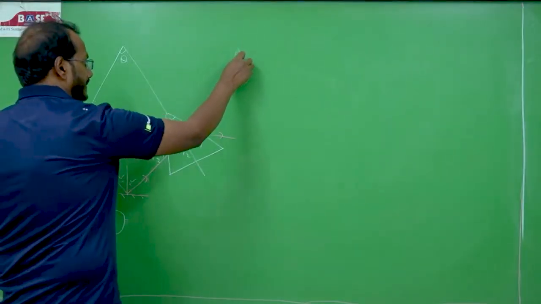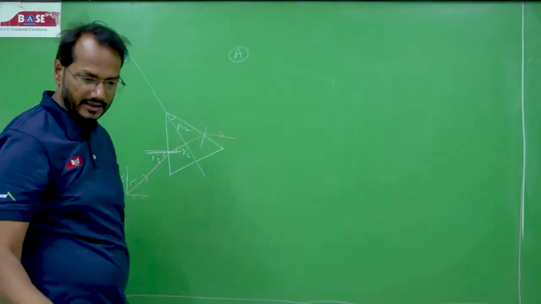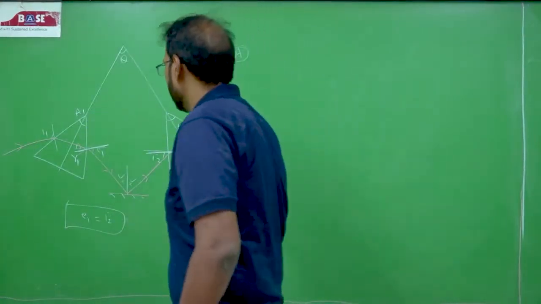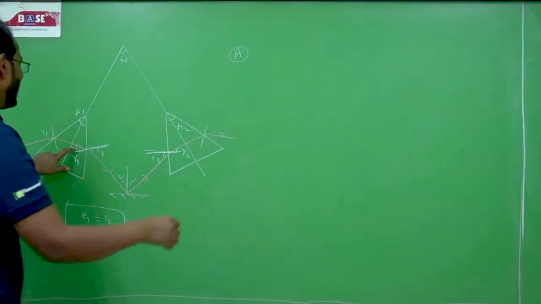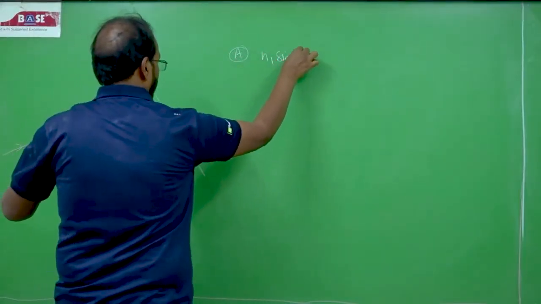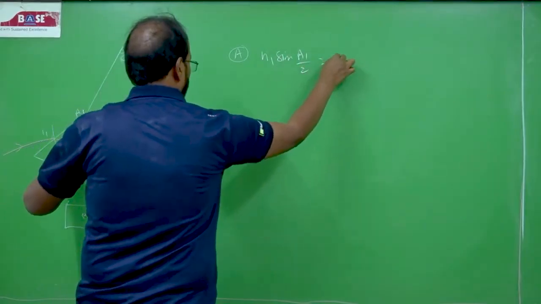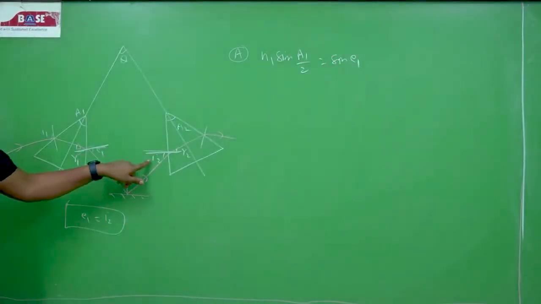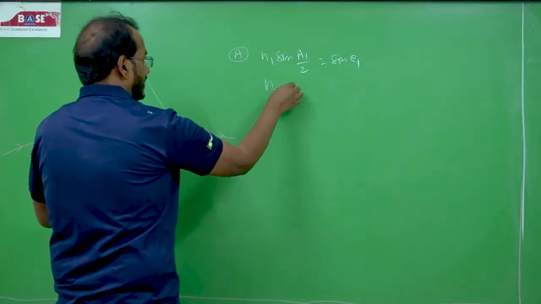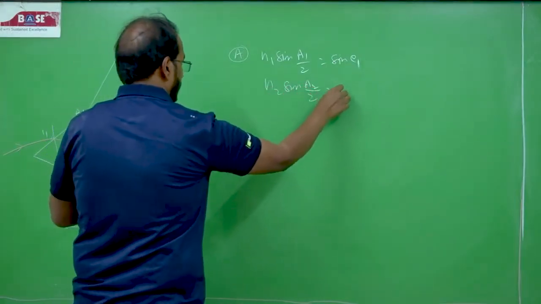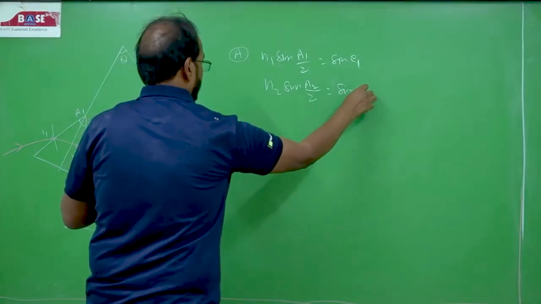In the first option, it is given that both prisms are in the minimum deviation condition. In case of minimum deviation, this angle is A1 by 2. So N1 sine A1 by 2 is equal to sine E1. For the second prism, N2 sine A2 by 2 is equal to sine I2.